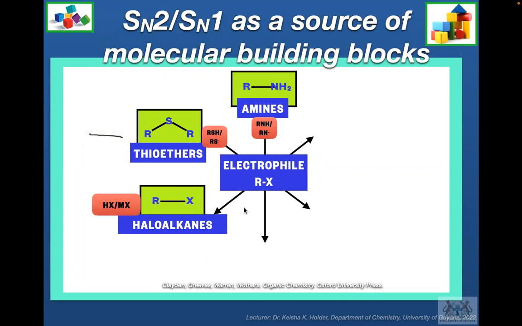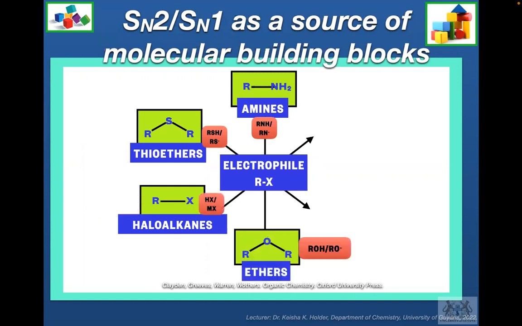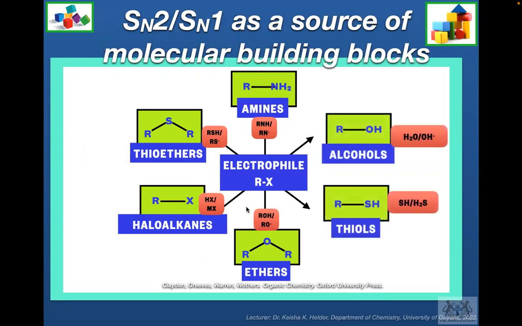Adjusting again our reagent pool, we're able to access haloalkanes, oxygen ethers themselves, and thiols and alcohols. So I think by now you get the picture that by simply varying the conditions in terms of the reaction components, we're able to access a wide array of compounds. And once we're able to access those compounds, we're in a position to build molecules from the ground up and just stitch them together in interesting and creative ways.